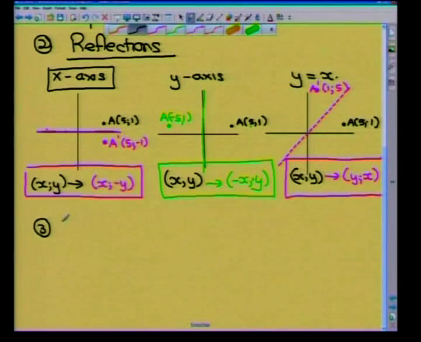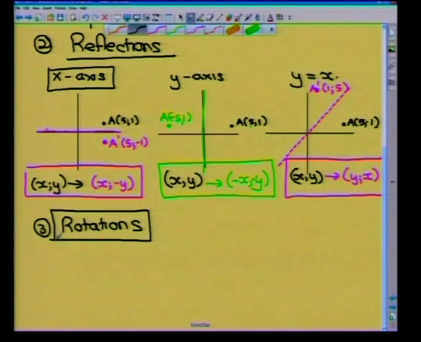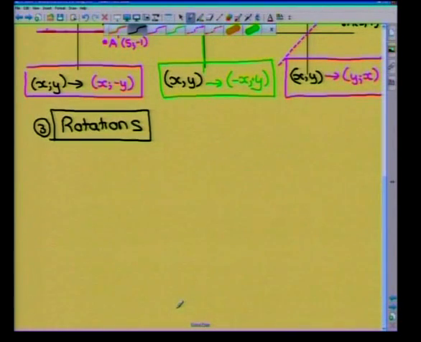Right, the next lot are called rotations. Now, in grade 12, we get a much more complicated form of rotation. In grade 11, we've done them very basically. We've worked with 90 degrees clockwise and anti-clockwise, 270 clockwise and anti-clockwise, and 180 clockwise or anti-clockwise.